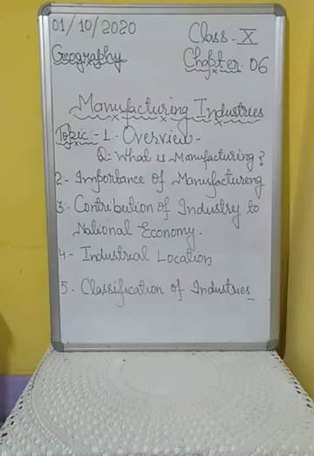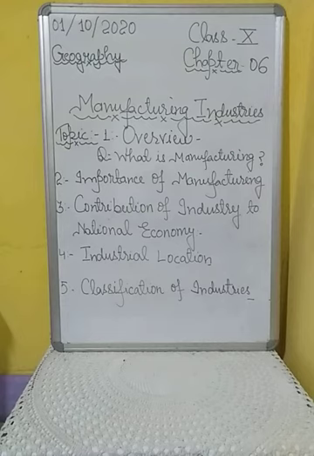Next one is private sector. So, private sector industries are those which are owned, operated and maintained by an individual or group of individuals, like Tata Iron and Steel Company or TISCO, Bajaj Auto Limited, etc. And after that, joint sector.